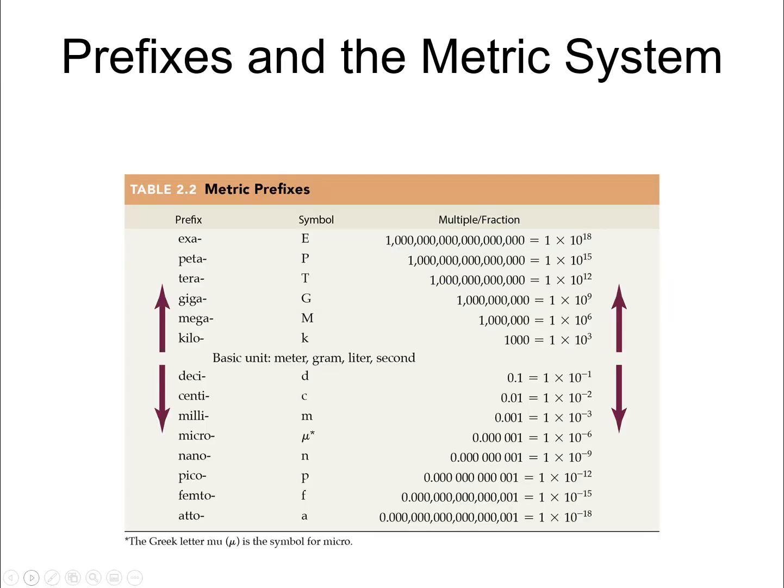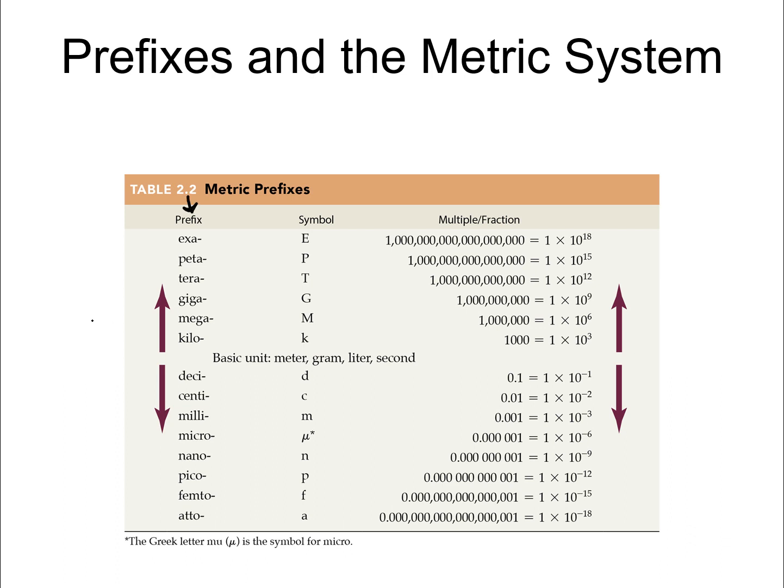Now we're going to get to the metric system and looking at this table which I introduced in the recorded video. The metric system is very easy to use once you get the hang of it. You've got a basic unit like the meter, gram, liter, or the second. And to that, you add a prefix.